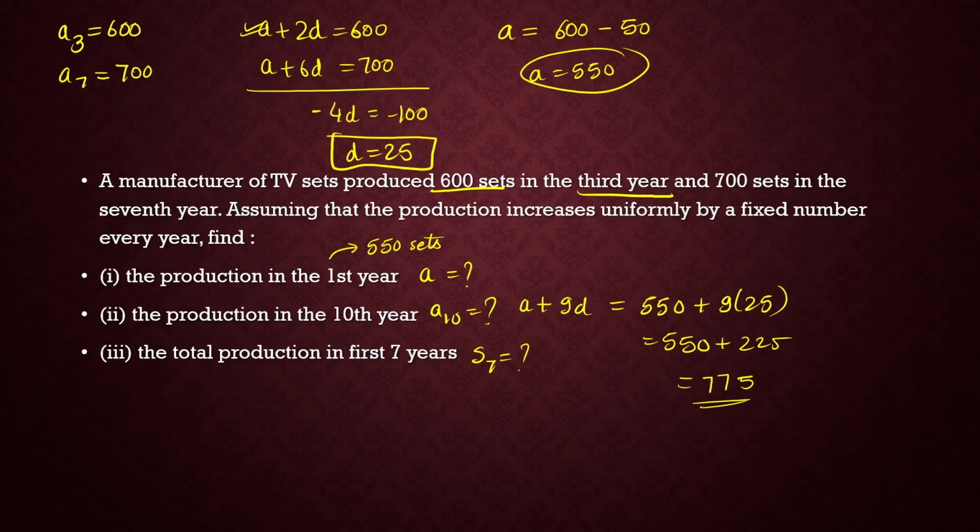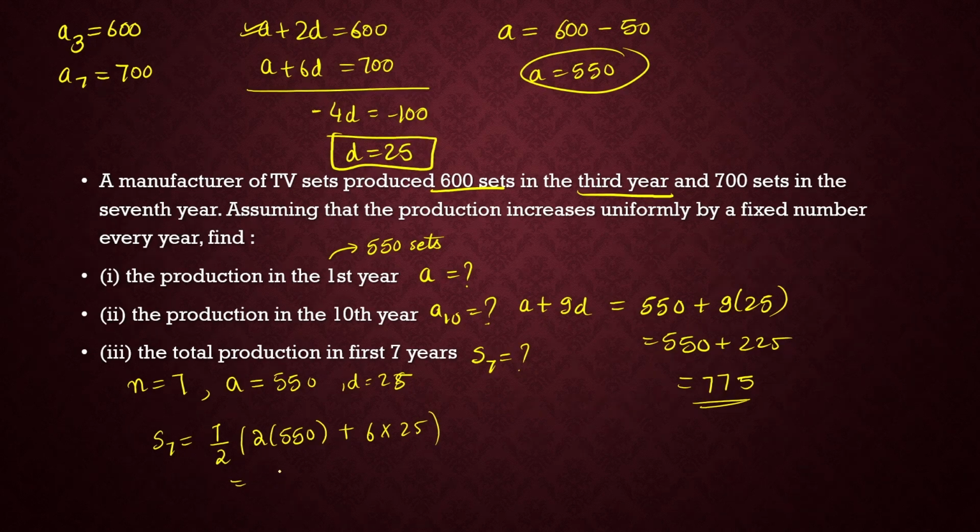Now the total production in the first 7 years. If you want to find in the first 7 years, you have to find the value of S7. Here the value of N is equal to 7, the value of A is equal to 550, common difference D is equal to 25. Very simple. S7 is equal to N by 2 into 2A plus N minus 1 into D. Always write the formula, okay?